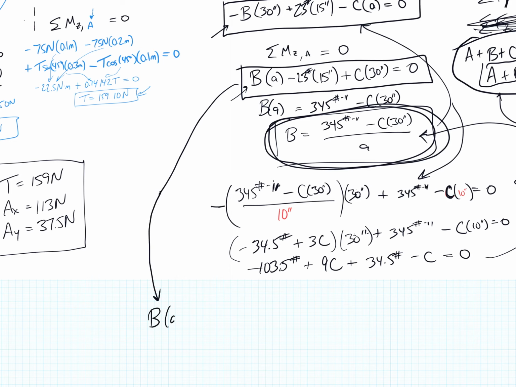So anyway, I'm going to bring this back down here. So I've got B times A minus 23 pounds times 15 inches plus C times 30 inches equals 0.